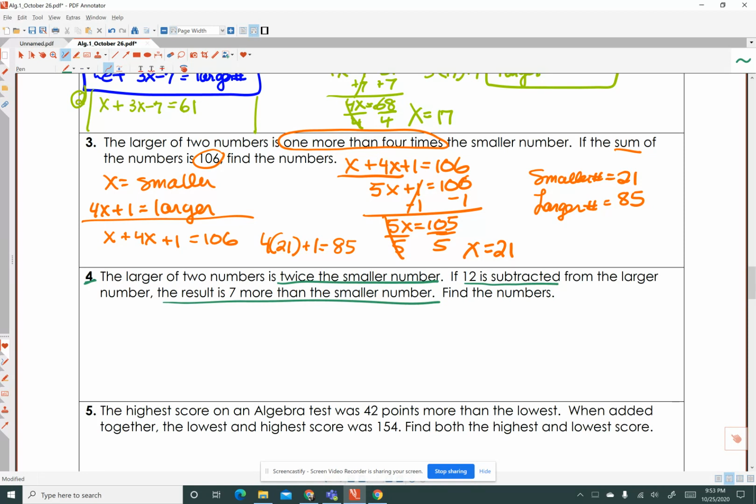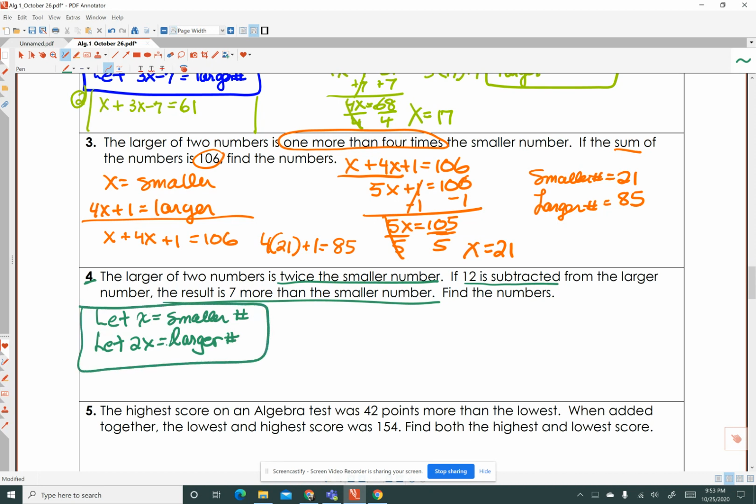So let's pay close attention to this. The larger of two numbers is twice the smaller number. So we're going to let x equal the smaller number. And then we're going to let 2x equal the larger number. And there's our x box.